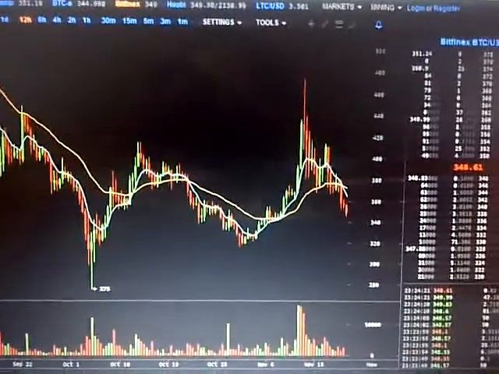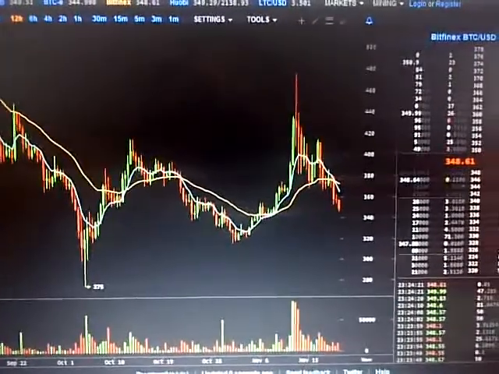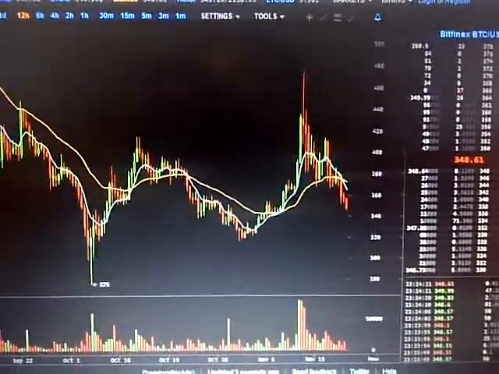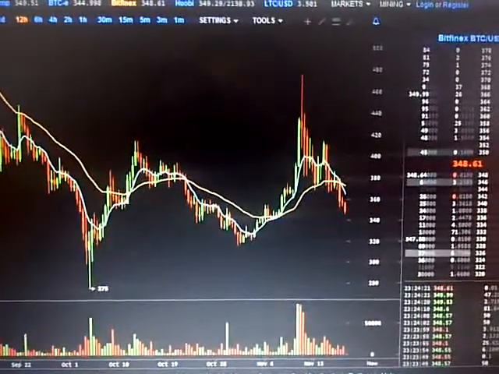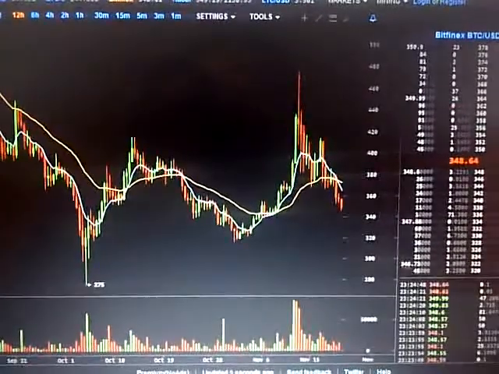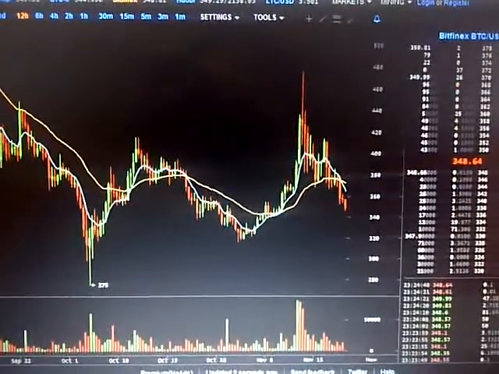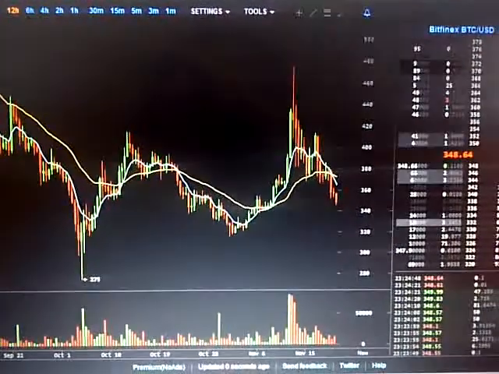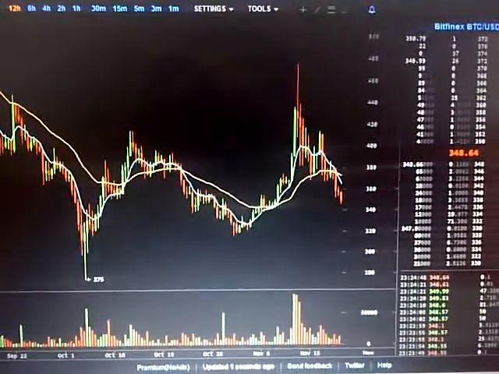I'll start with the chart analysis, and we'll go on from there and see what happens. In my previous episode, I mentioned how this could be a possible wave 1, 2, 3, and 4, and it seemed that way.